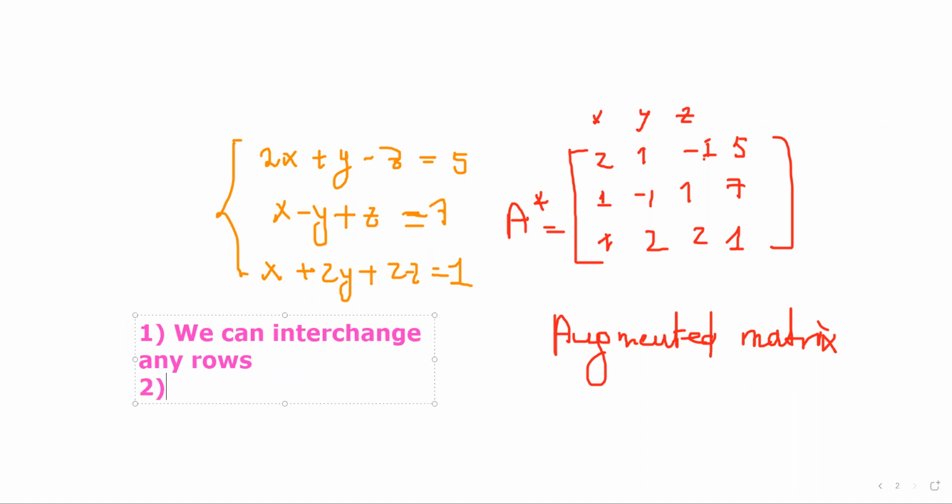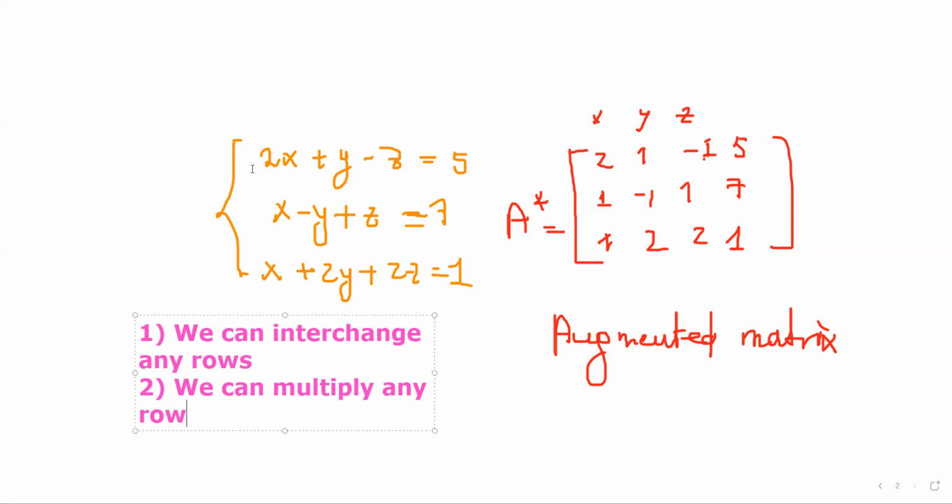Secondly, we know from our school years that we can multiply both sides of any equation by a number, by a scalar. It doesn't change the equation. For example, you can multiply the first equation by 2, or divide by 3 or -3, depending on our taste. So we can multiply any equation or any row, because rows represent the equations here.